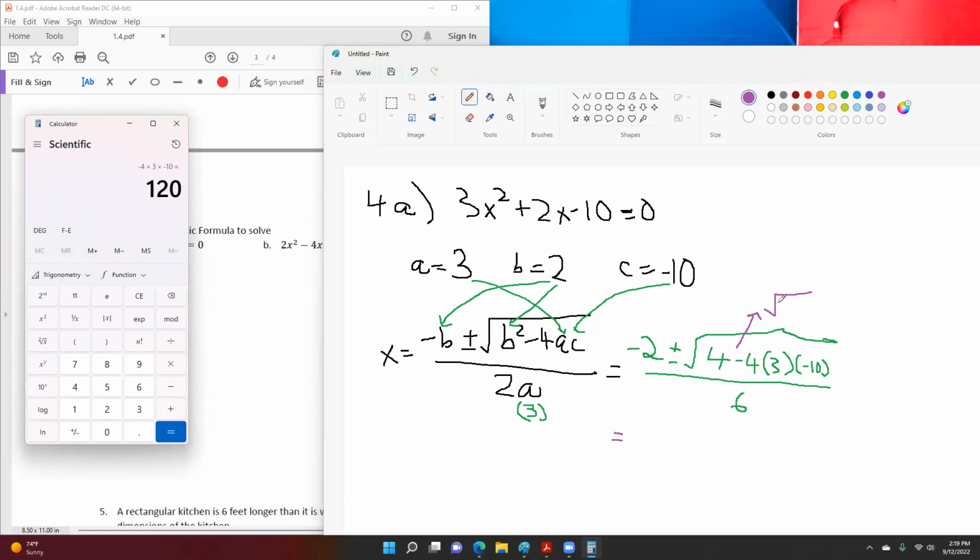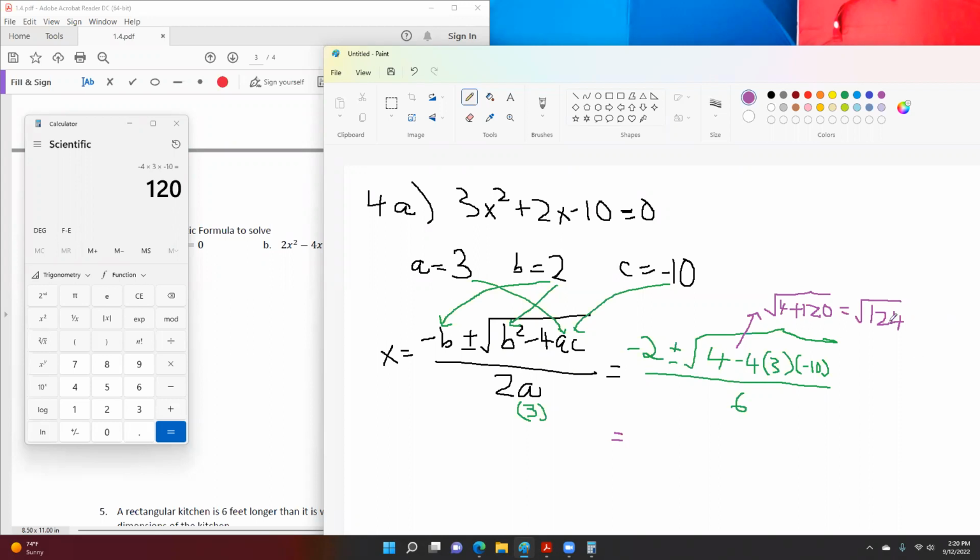So this will give you 4 plus 120 because negative 4 times 3 is -12 times -10 is positive 120. So this is square root of 124. Now this is where you begin to break it down.